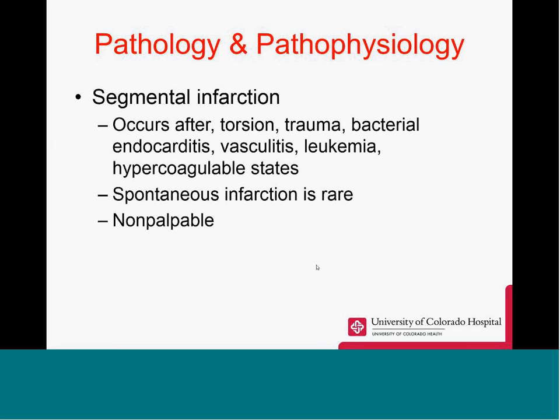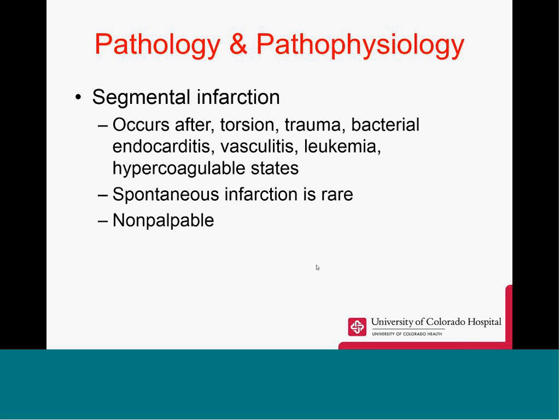Some more blood flow deformities that can occur is a segmental infarction. This occurs after torsion, trauma. It could be a bacterial endocarditis, a vasculitis, leukemia, or different hypercoagulable states.